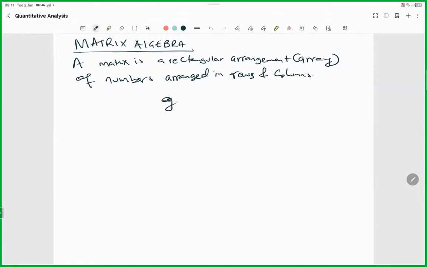For example, we have here 3, 8, 2, 9. So this is a matrix. You can see we have 2 rows and 2 columns there.